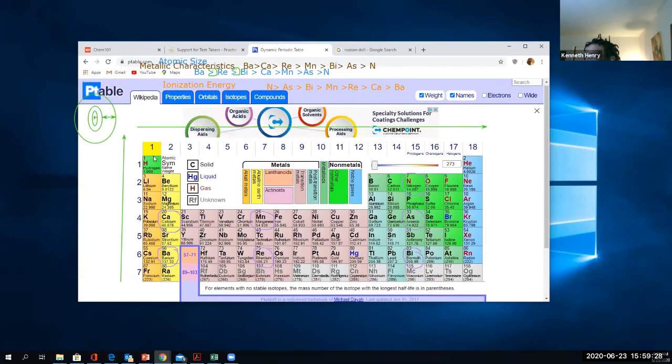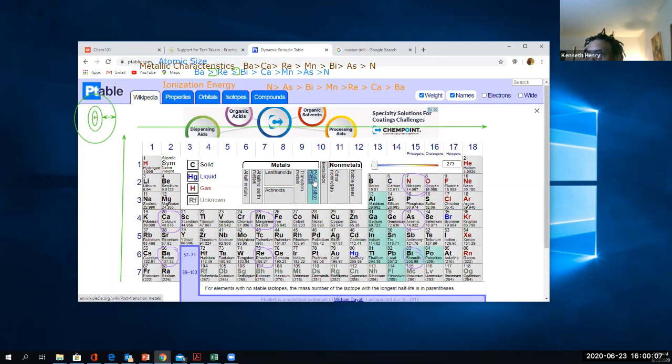So I'm struggling here. Post-transition metals. If you look at it, look how far the metals go out in terms of metals. In period 6, it goes all the way out to group 16. Then in period 5, it goes out to group 14.